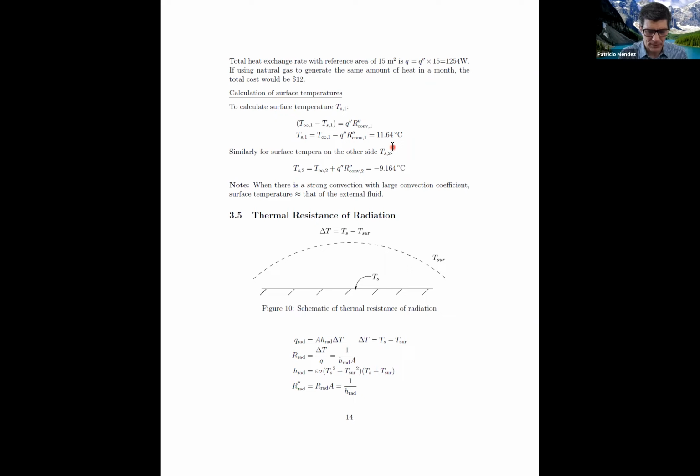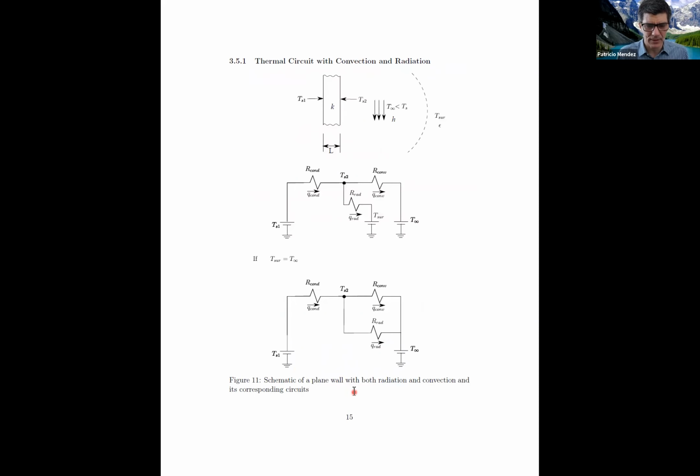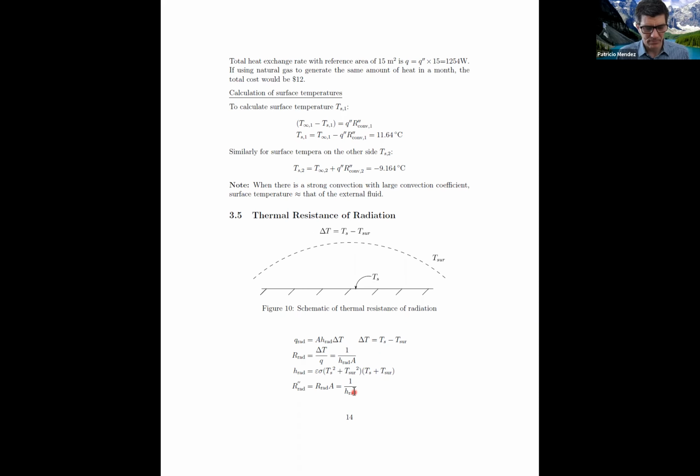And in those cases in which it is okay, we would calculate the resistance of radiation per unit area as 1 over h radiation. Used to be 1 over h for convection, now it's going to be 1 over h radiation. And when we do it in total heat flux, it would be 1 over h radiation times area.